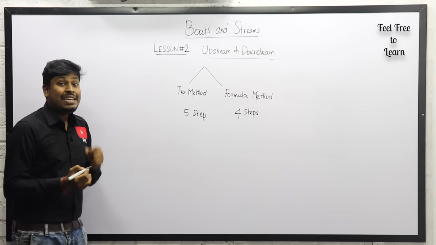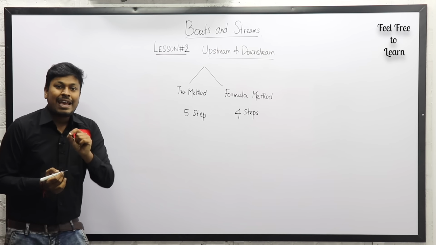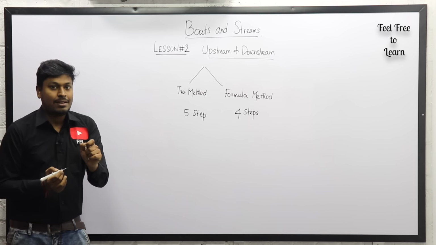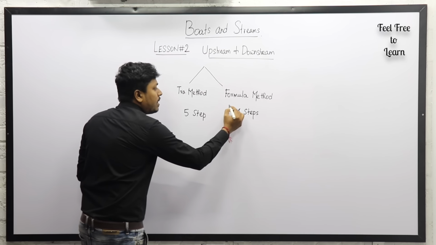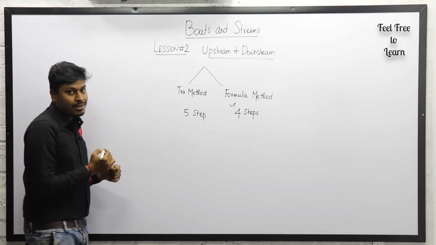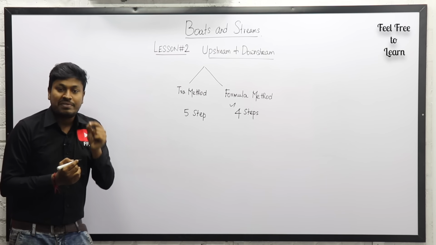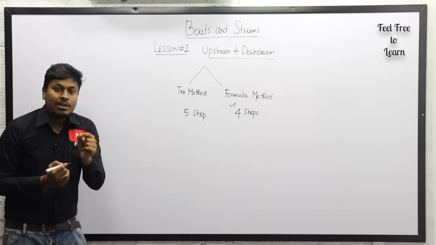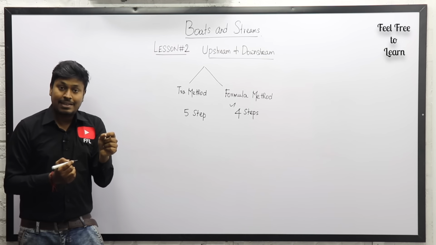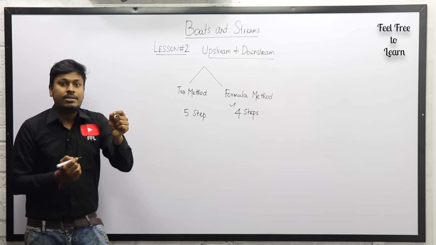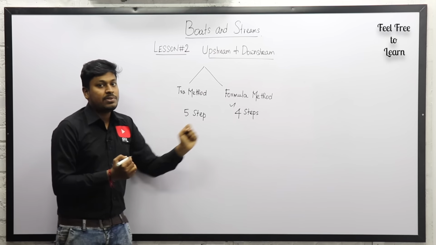Got it? In case there is no twist in the question, and all the values are direct values, you can use the formula method and get the answer easily. If there is any small twist given in the question, students who learnt only the formula method, even if the question is easy, by just seeing the small twist, they don't know how to apply the values in the formula.